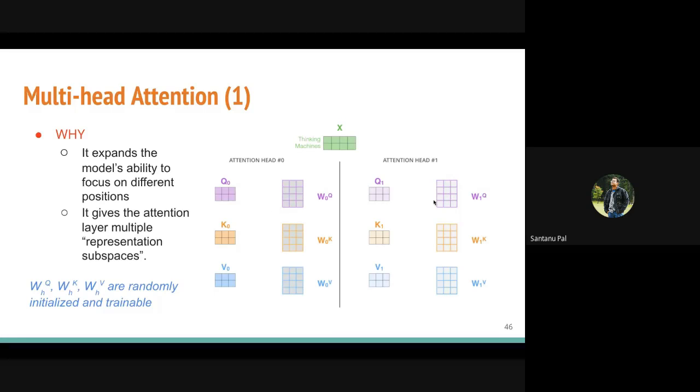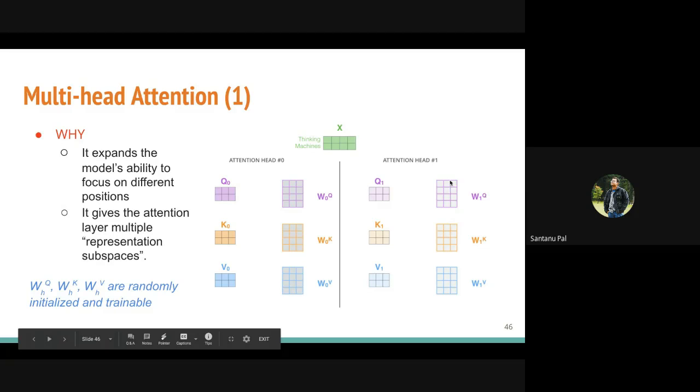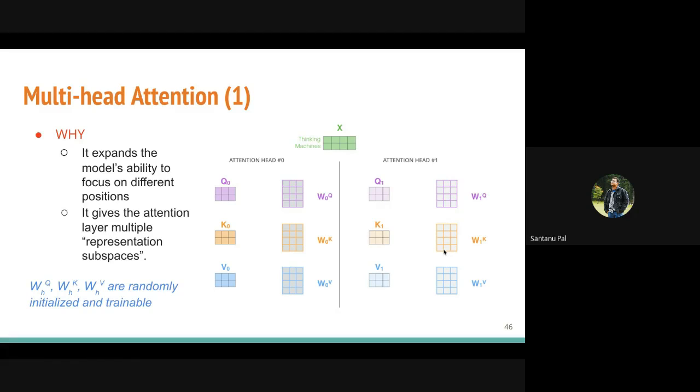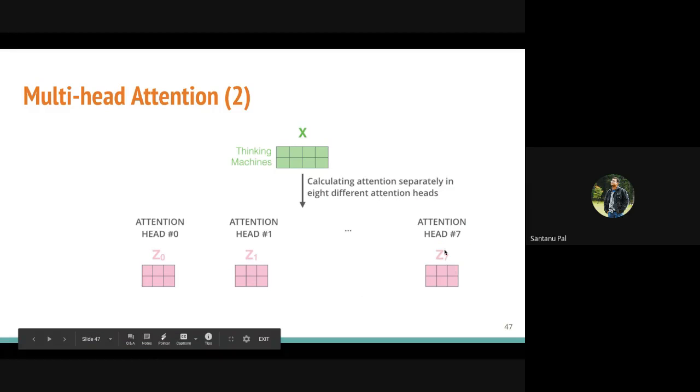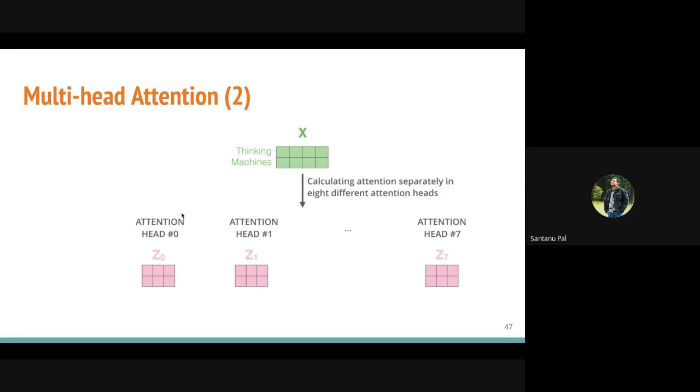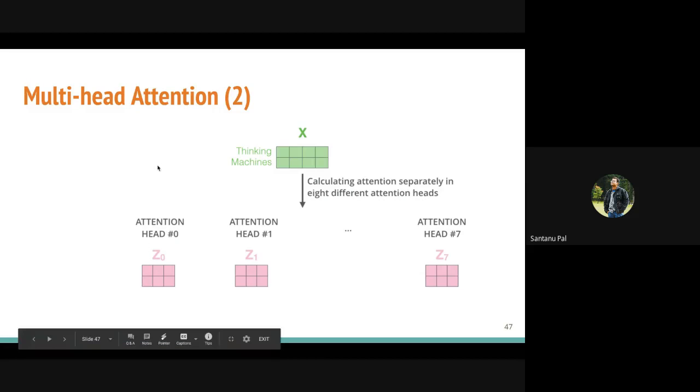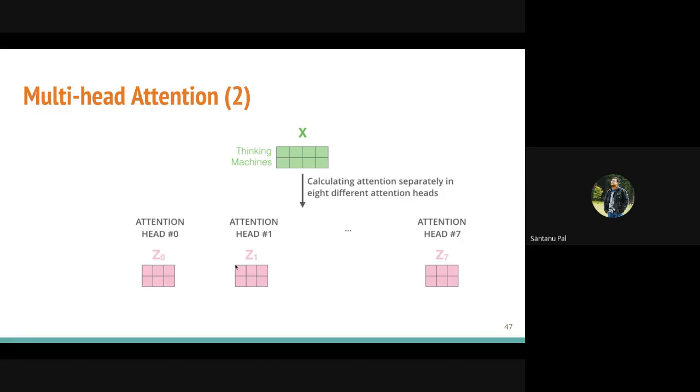That is the 8 heads I mentioned. Let's say for understanding we now have 2 heads. This head's attention calculation and that head's attention calculation provide different information. Like that, if we have 7 heads, we have different representations of Z, and they are calculated independently.